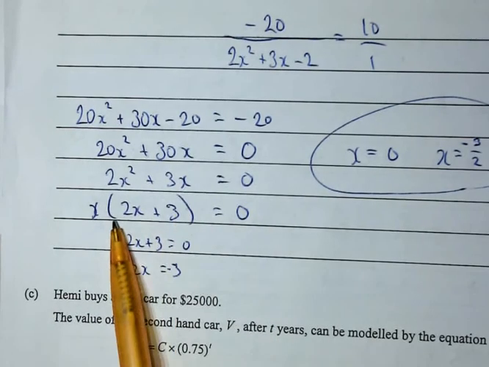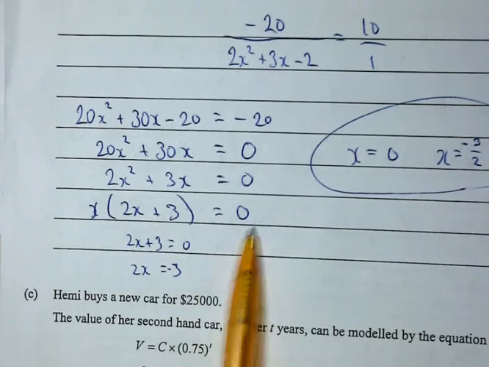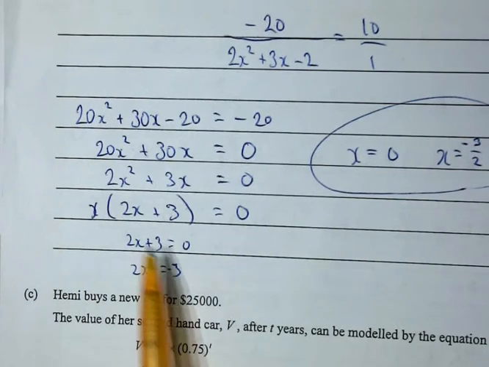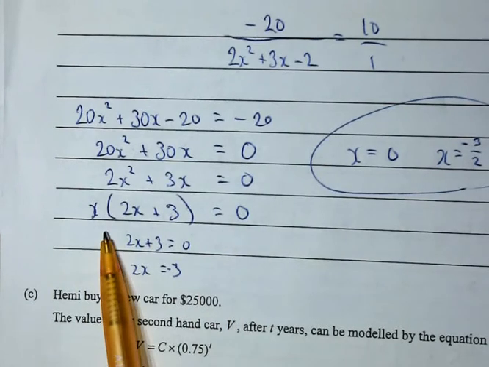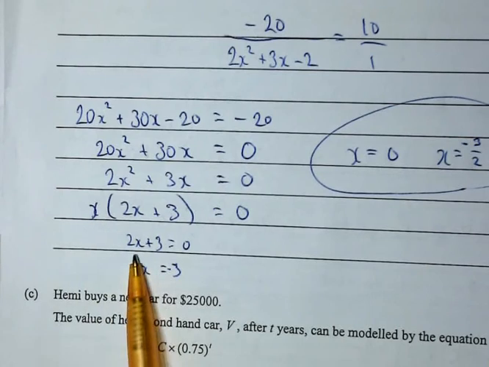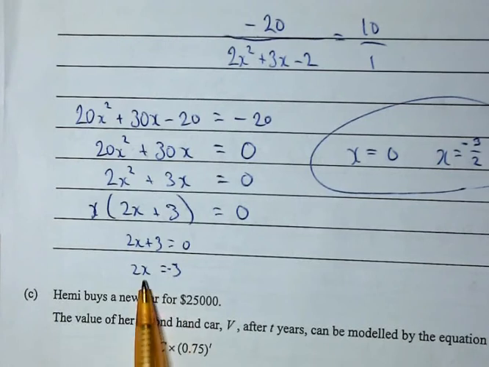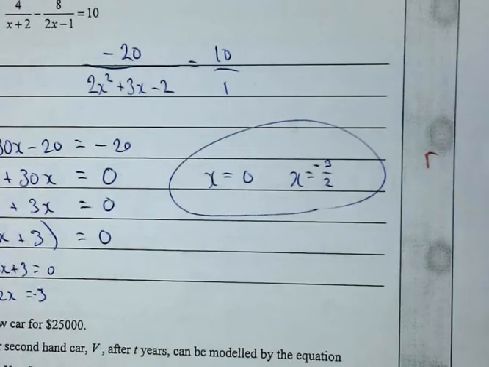X times 2x plus 3 is 0. And now solving, I can get x is 0 or 2x plus 3 is 0, in which case 2x is negative 3. My solutions are 0 and negative 3 over 2. That was a value of r.